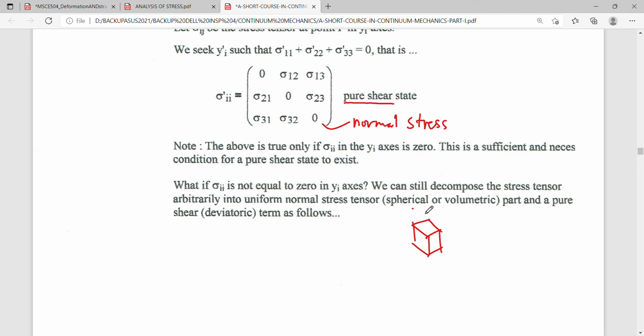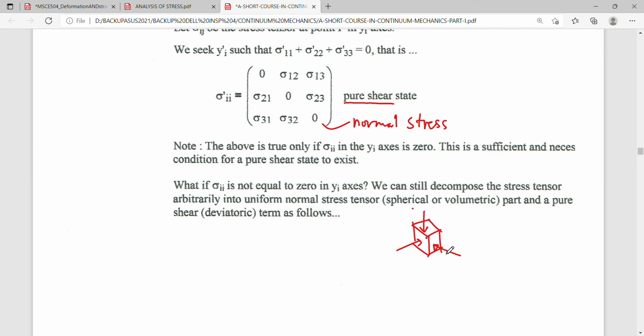Because of the characteristic of the stresses, which are normal to the surface of this cubical element, you are expecting a volume change or a spherical change in the behavior of such a component. That's why this term was derived.